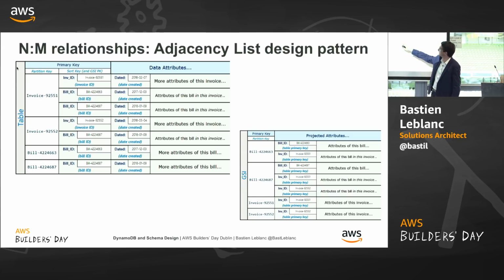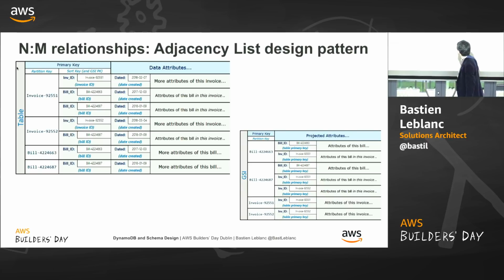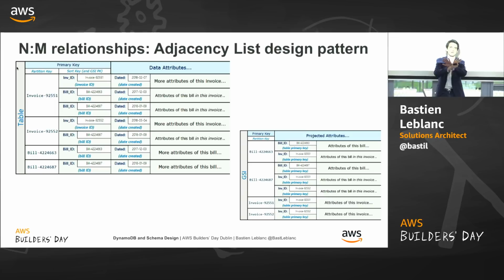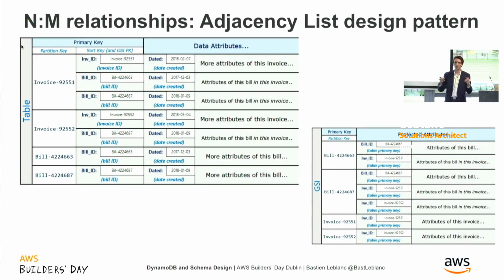So the GSI will be on this column, and the data will be on the partition keys. So you create a GSI on the opposite of your table. And this way you can query in one access, so coming from one invoice or coming from one bill.